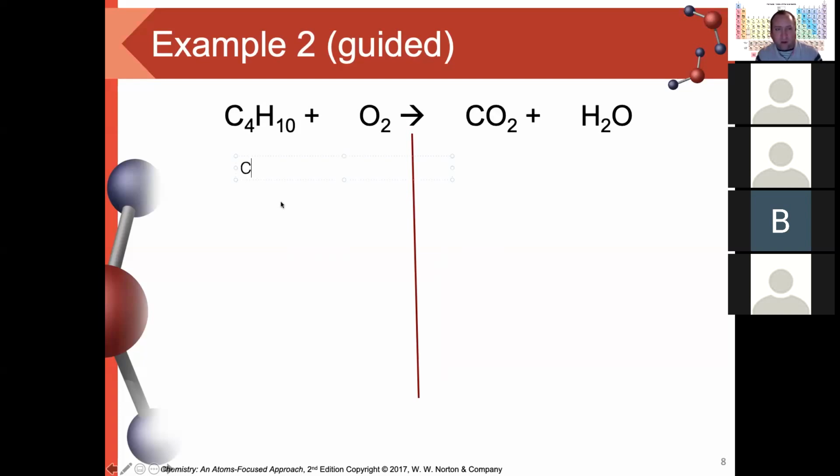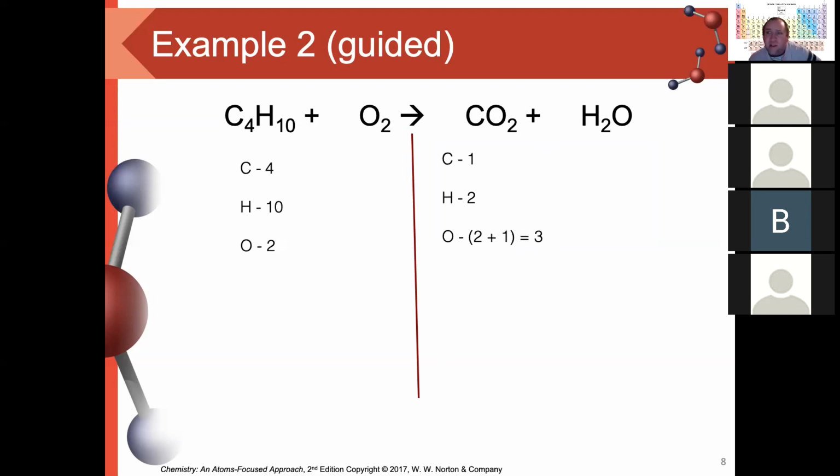But starting with carbon, I have 4 carbons, 10 hydrogens, 2 oxygens. And on the product side, I have 1 carbon, 2 hydrogens, and 2 plus 1, 3 oxygens.